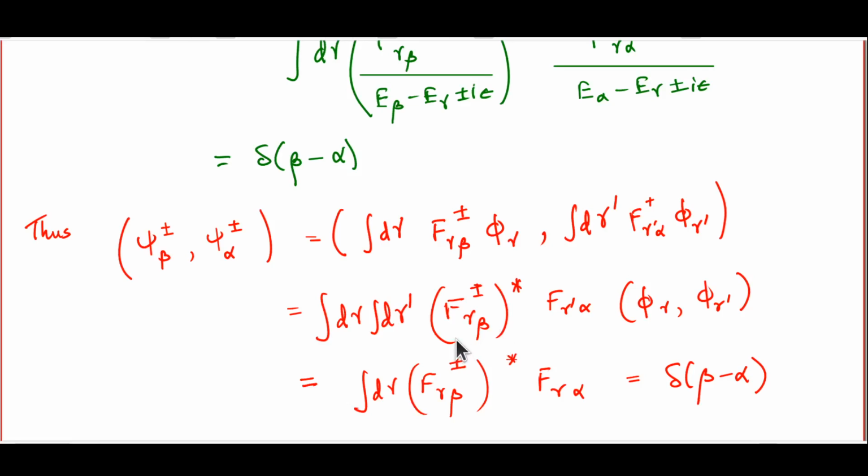And now, you just use the fact that f gamma beta plus minus will come out as its conjugate, by antilinearity in the first factor of the inner product. And from the linearity of the second factor, f gamma prime alpha plus minus, there's a plus minus here, will come out intact.